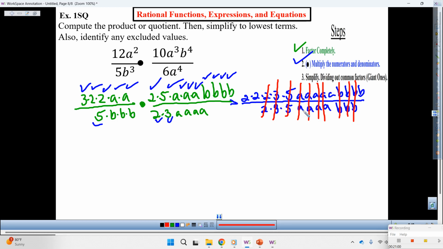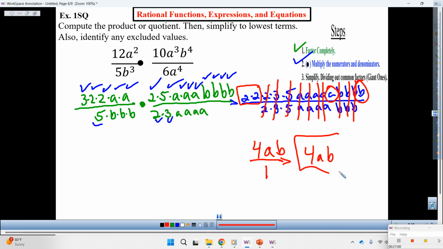And what does that leave us? Let's see. We have 2 times 2, which is 4. What else do we have? 1A and 1B, so it's A, B. Do we have anything in the denominator? No, we just write it over 1, which is still 4AB.